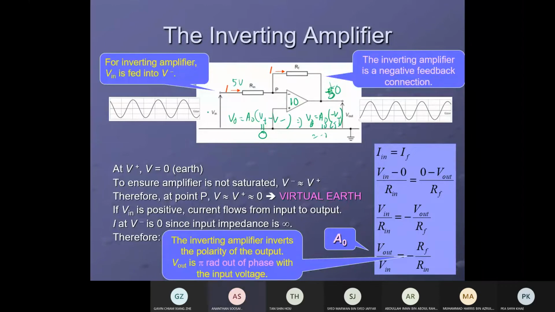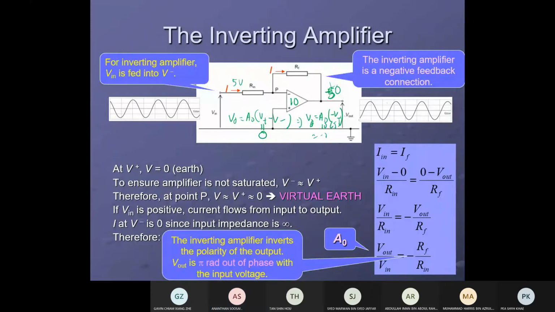You see the graph here? The graph is a cos graph. If you give a cos signal to the inverting amplifier, it inverts the input. If input is cos, output will be negative cos. So it inverts the signal, with about a 180 degree phase difference.